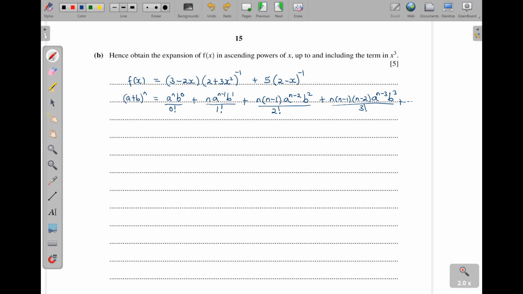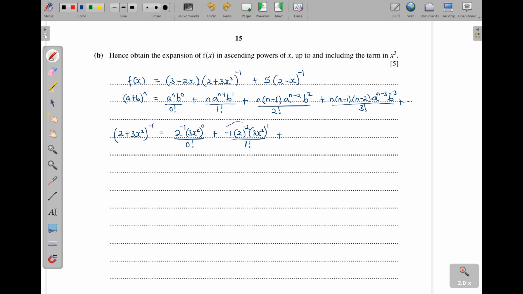So let's get this one here. 2 plus 3x squared to the power of negative 1. This one is going to be 2 power negative 1. Then bring this 3x squared. You power it with a 0, 0 factorial. Then drop the negative 1. So that is negative 1, then 2 power negative 2, then 3x squared power 1, then out of 1 factorial. Then plus, drop this one here.